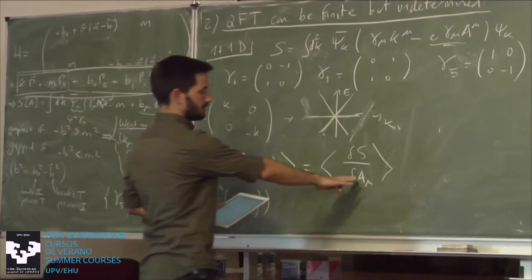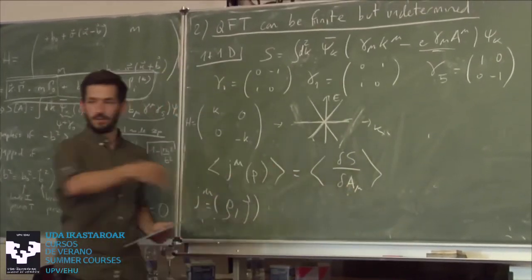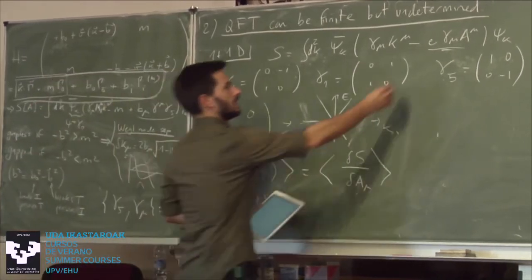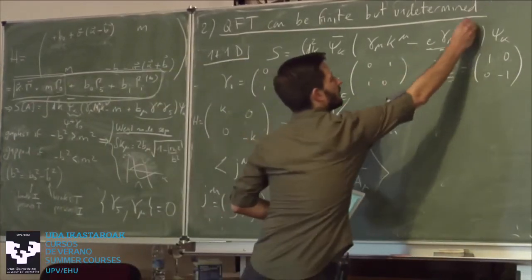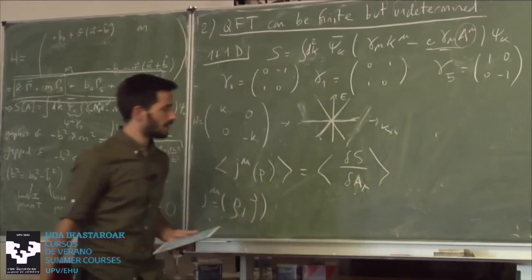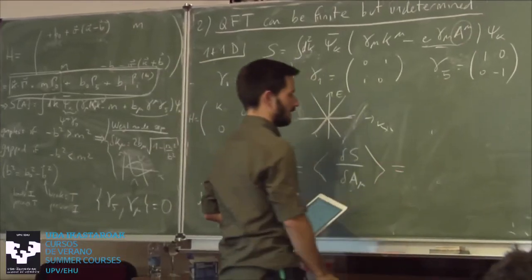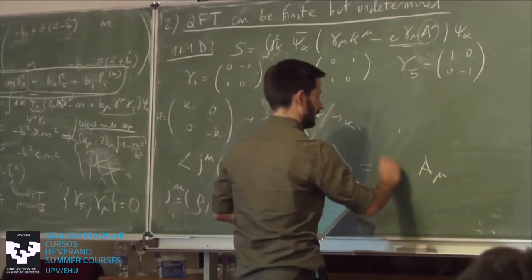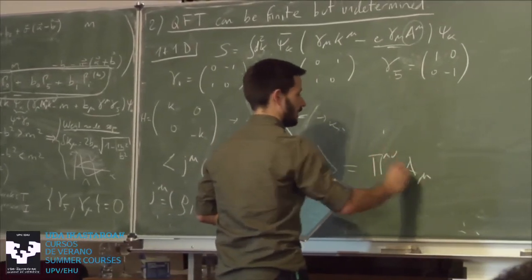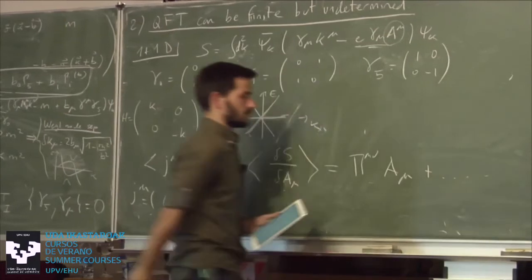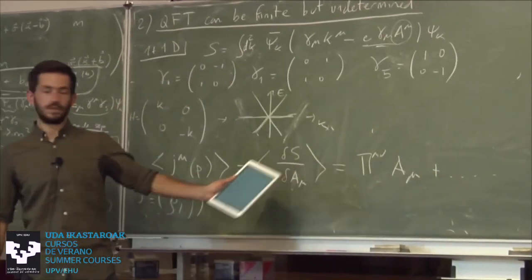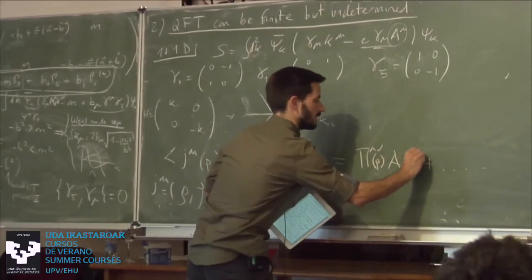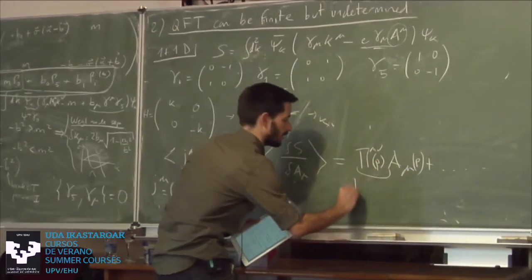And this thing is going to depend on A mu because I'm going to calculate it as a perturbative expansion in this coupling constant or this field, so it's going to have a term that is linear in A, a term that is quadratic, and so on. But I want to calculate linear response. So this is P, and this thing we call the polarization function.